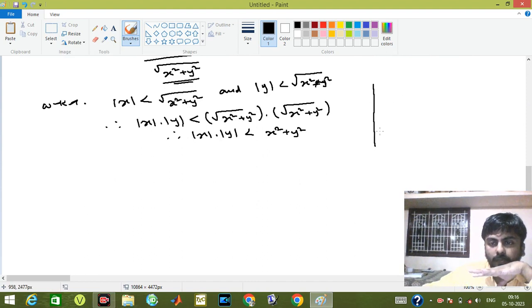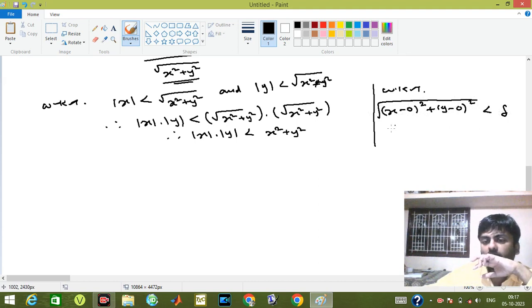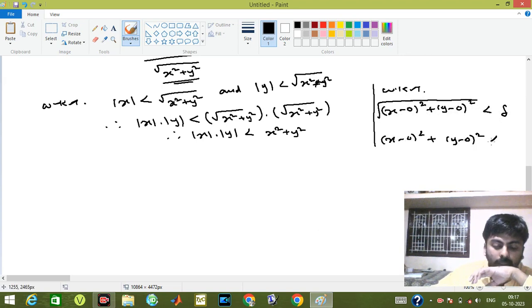Now keep in mind, we know that the square root of (x minus 0) the whole square plus (y minus 0) the whole square is less than delta, or (x minus 0) the whole square plus (y minus 0) the whole square is less than delta square.